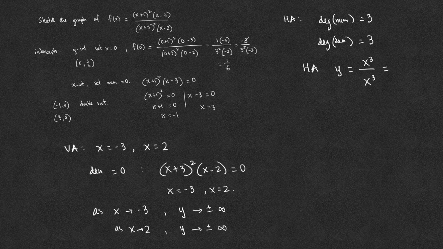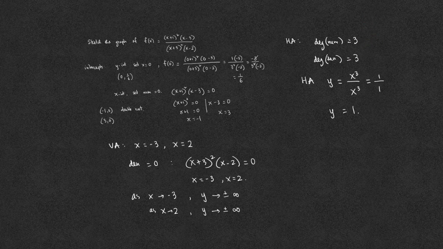And so the horizontal asymptote is the leading coefficient in the numerator, 1, over the leading coefficient in the denominator, 1. And so we have one horizontal asymptote, y equals 1. Now, this trick only works if the degrees of the numerator and denominator are the same.